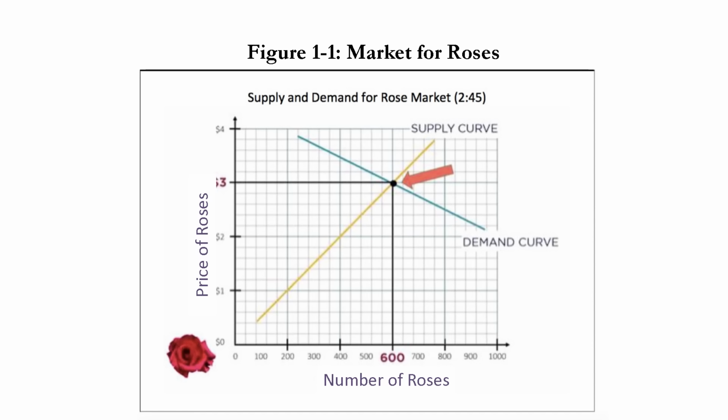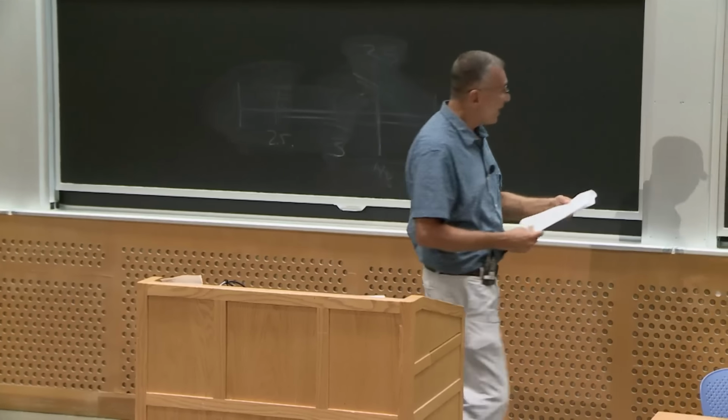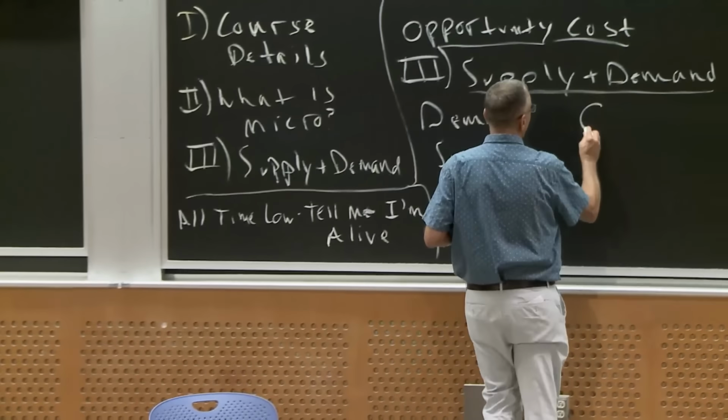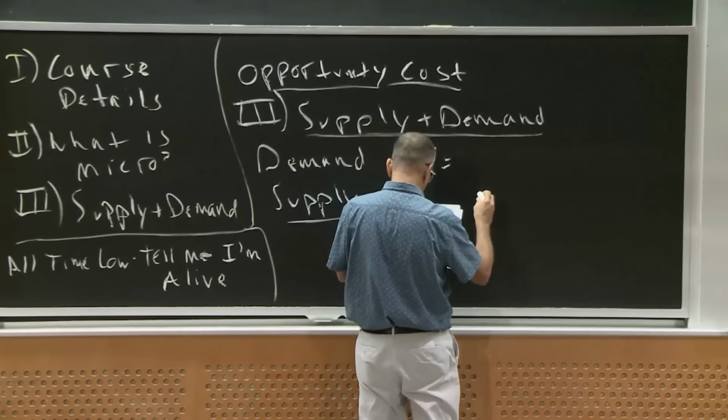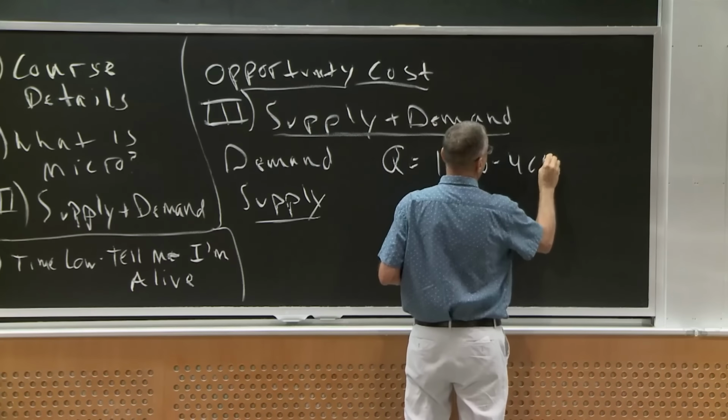On the y-axis, we have the price of roses. Okay? The demand curve represents the relationship between price and quantity from the consumer's perspective. So the demand curve in this case is represented by the equation Q equals 1800 minus 400p.